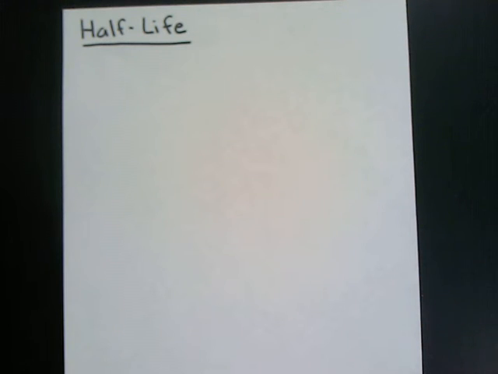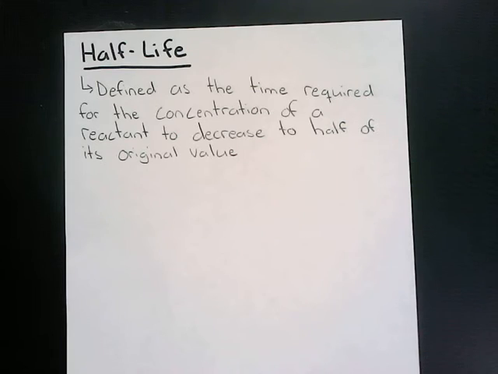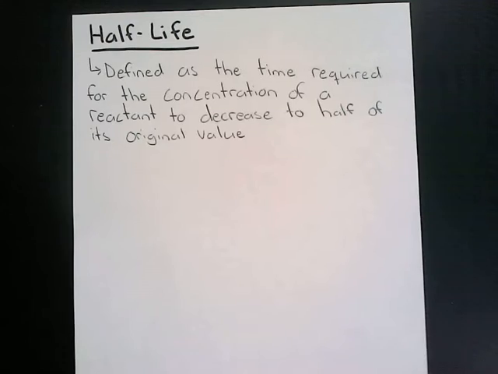Half-life is defined as the time required for the concentration of a reactant to decrease to half its original value. Because we had some different integrated rate laws, we're going to have some different half-life formulas depending on the order of the reaction.